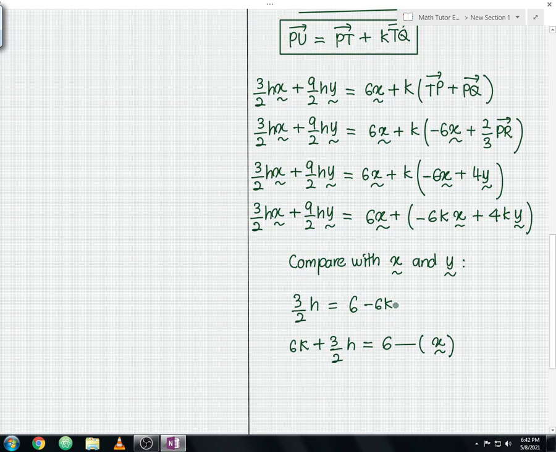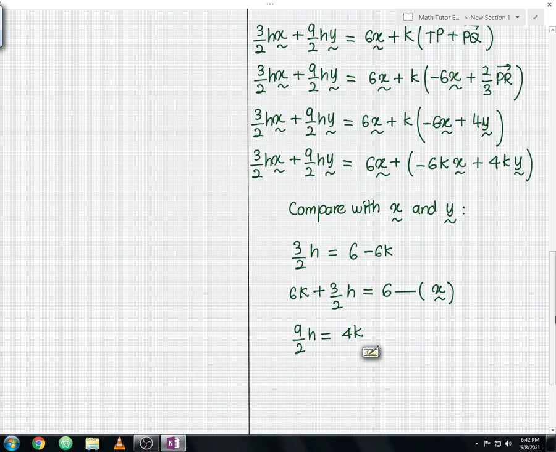Okay, now we're going to continue with comparing the y component. So from here, start with the left hand side, 9 over 2h equals to 4k. So from here what I'm going to do is I'm going to move this 9 over 2h to the right hand side.